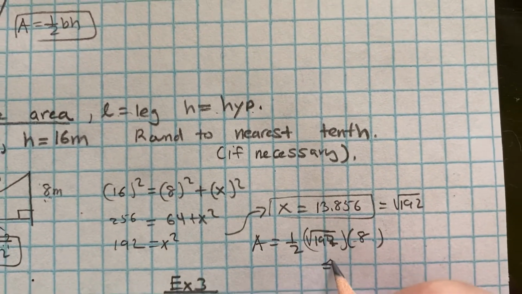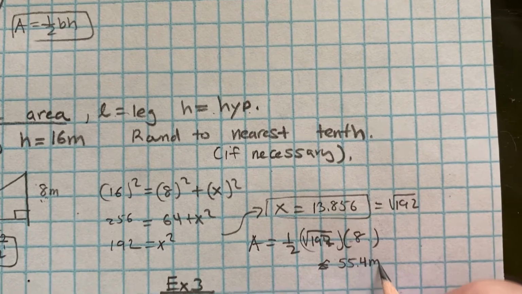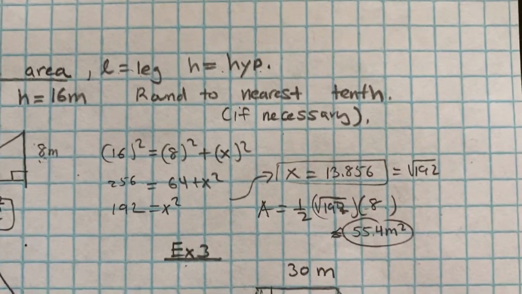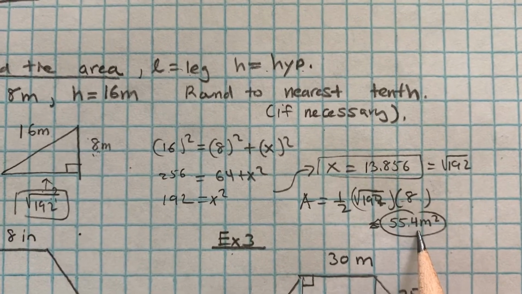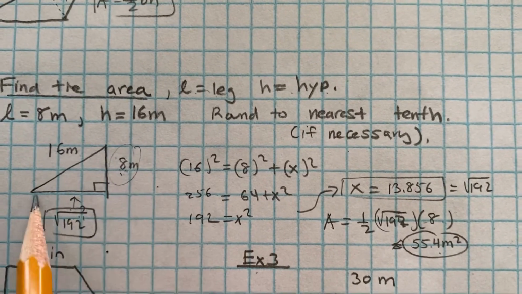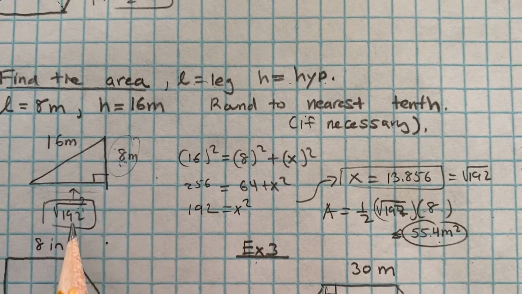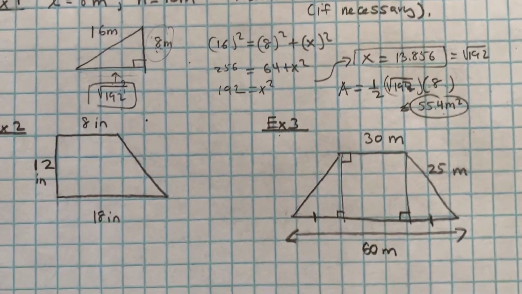You're going to get approximately 55.4 meters squared. Okay, so area is always in terms of square feet or square inches. Could you have called this the base? If you called this guy the base, then this guy would be the height. It's still 1/2 times 8 times root 192. Okay. All right, moving on.